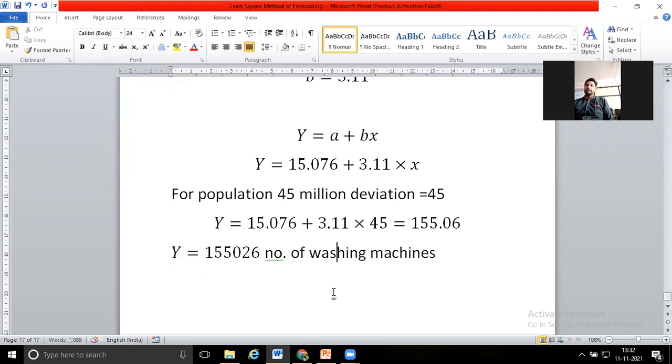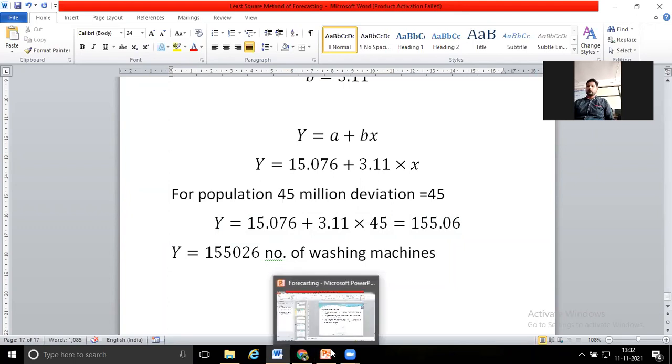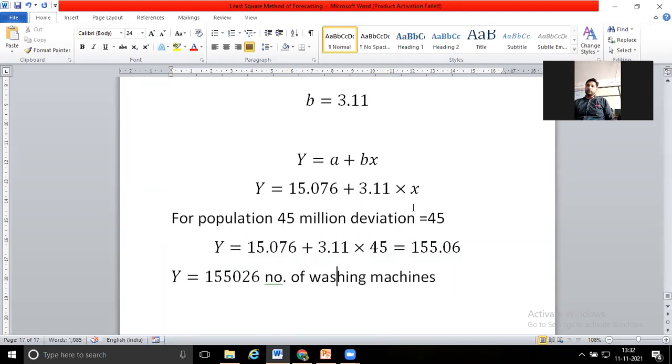Okay, so in this fashion you have to solve the problem for which we cannot determine, or for which we cannot make the deviation equal to 0. Okay, is there any doubt, any question?